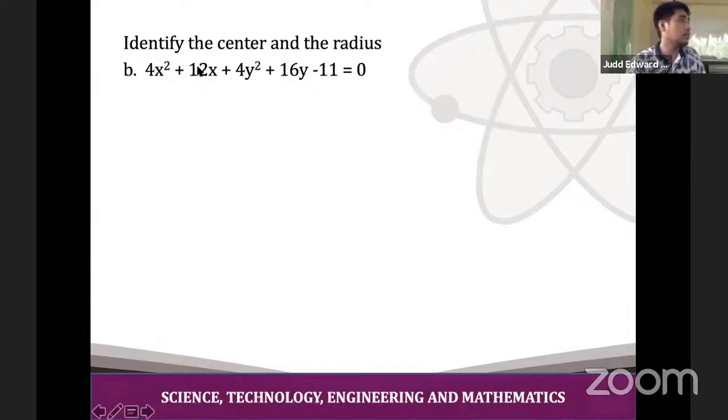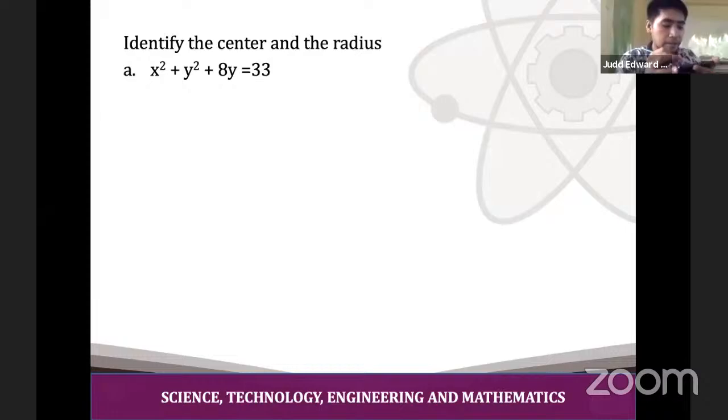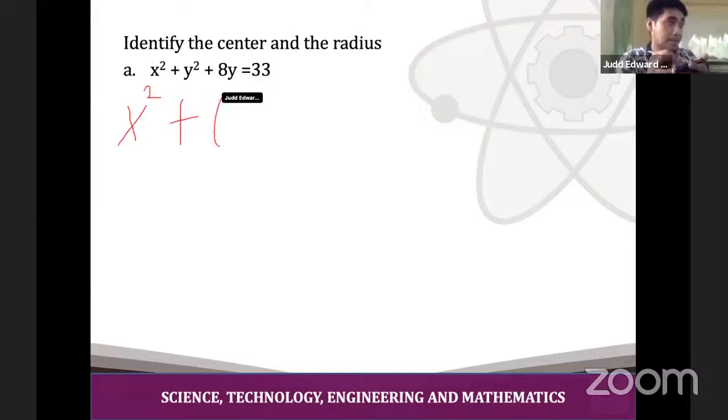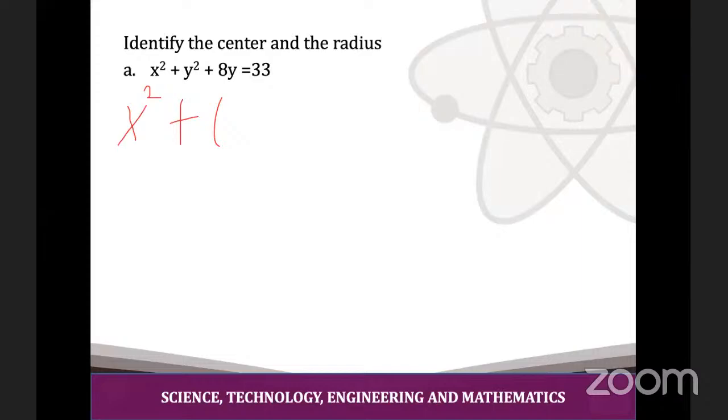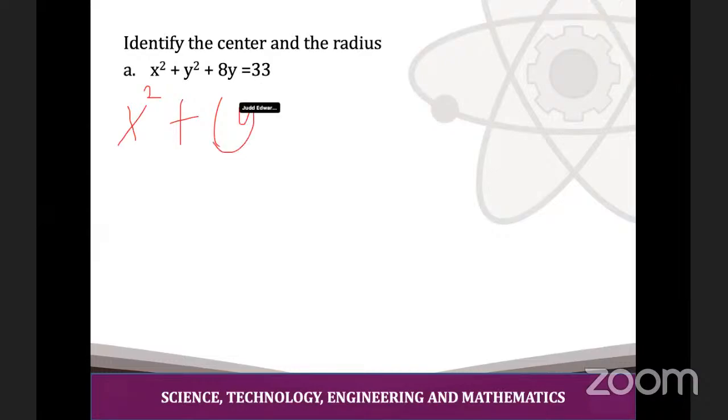Okay, so what is your answer, Fiona? Standard form na po. Okay, standard form na. X squared plus y squared minus negative 4 equals 7. X squared plus y... Y po pala. Minus 4.